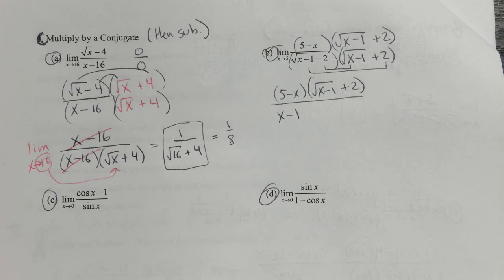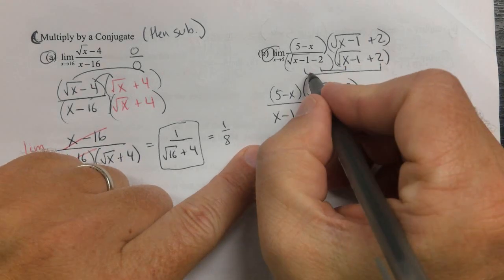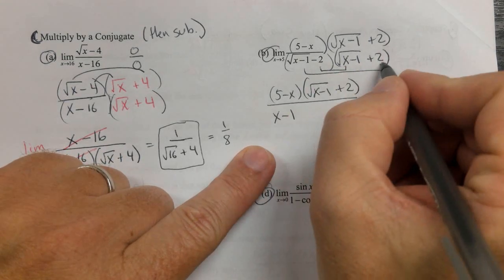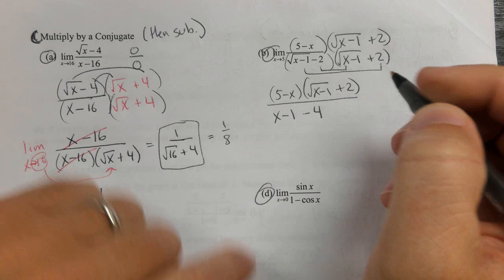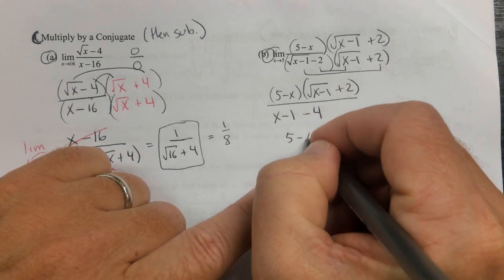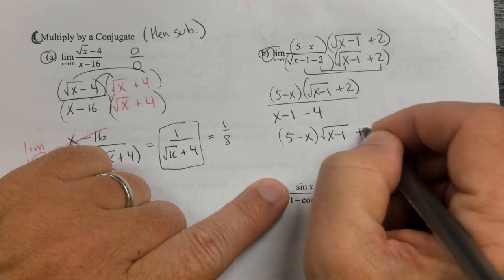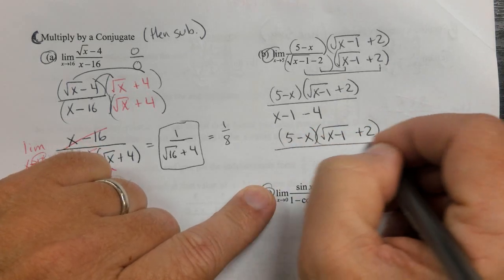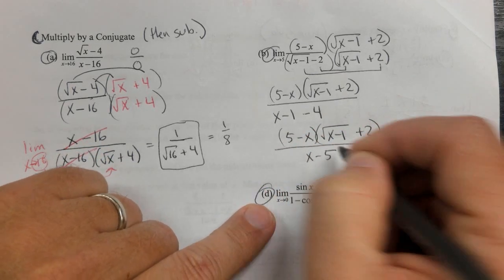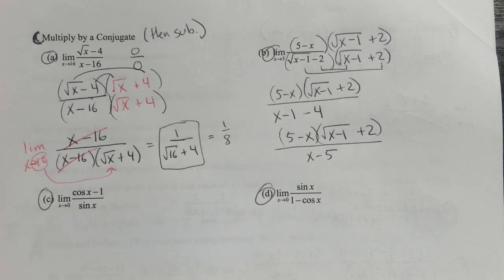They always cancel. So you can do kind of a quick look and see, or you can just be like, they're going to cancel, I'm not worried about it. And then negative 2 times positive 2 is minus 4. So 5 minus x, square root of x minus 1 plus 2, all over x minus 5. Good. This is the example I was hoping we would get to.